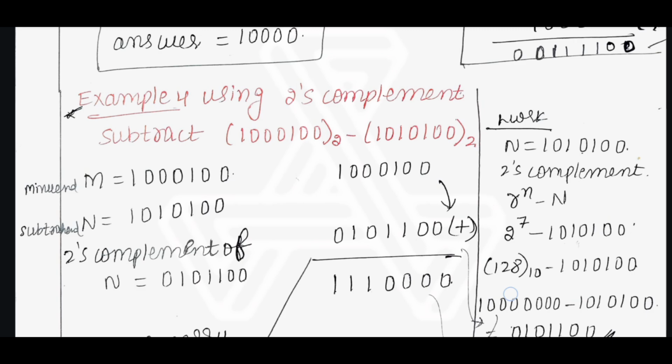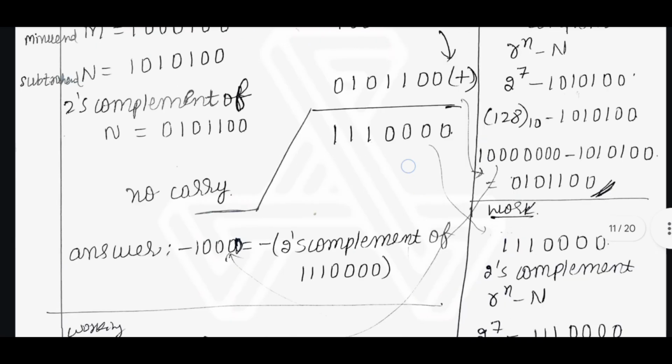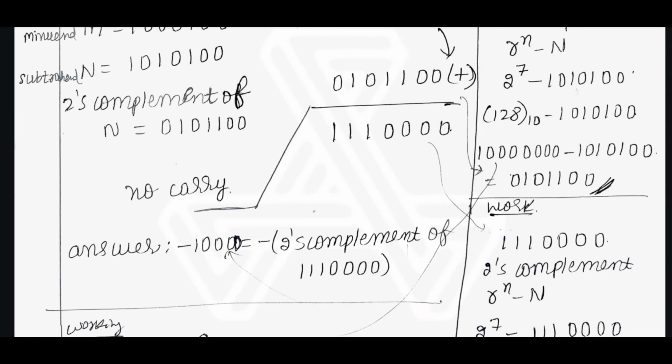Again, going to the binary base number, we should add both of them: 1 0 0 0 1 0 0 plus 0 1 0 1 1 0 0. We will be getting 111 followed by four 0s. There are 7 digits, and the answer is also 7 digits, so there is no carry. We have to take the complement of this as the answer, with a minus sign.